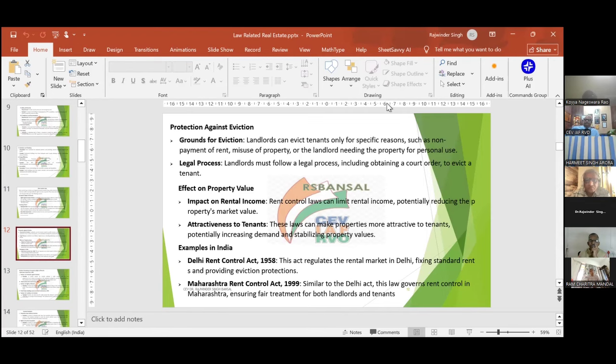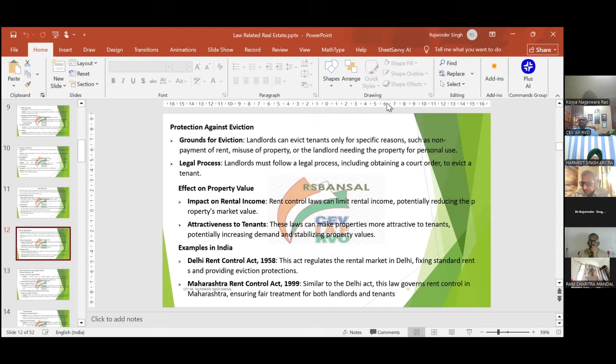It is not that the landlord will go to the property and throw away the tenant's household. It is not that. He has to approach the court, even if he has certain reason that the tenant can be evicted, but he cannot evict on his own.